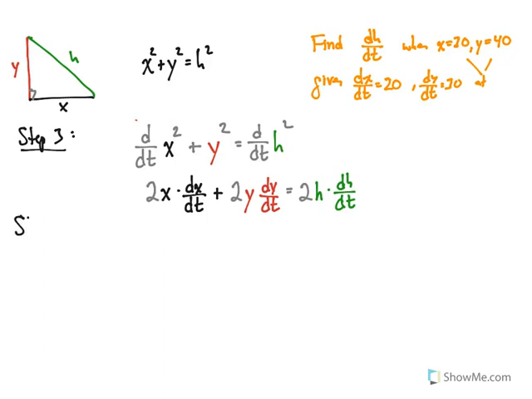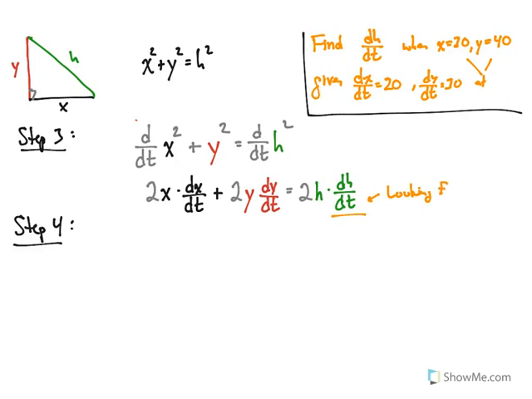So step 4, now we're going to plug in all of our values and solve for dh/dt. Looking for dh/dt here. So we have 2 times x, which is 30, dx/dt is 20, plus 2 times y. y is going to be 40, and dy/dt is 30.